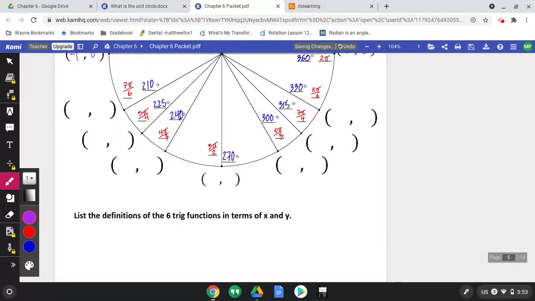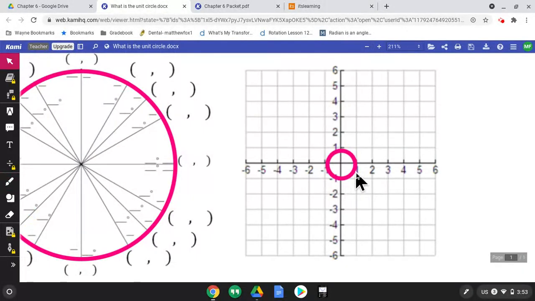And finally, at the bottom, we have the point (0, -1). Okay. Now, as you can see in this picture, all these other points, they're not going to be whole numbers. They're somewhere in between. And we could use decimals, but we want to be as precise as possible. So we're going to use fractions. We're going to use radicals.